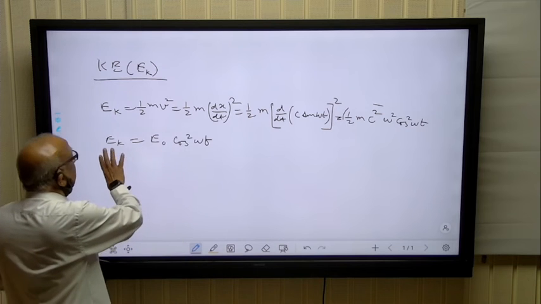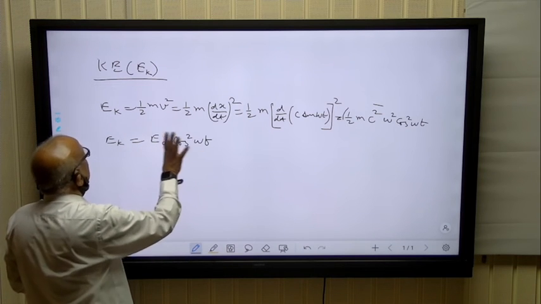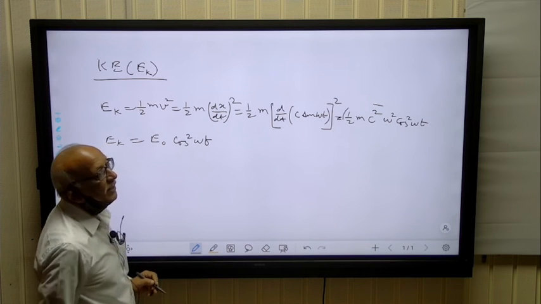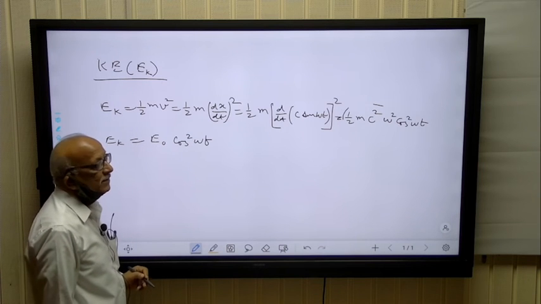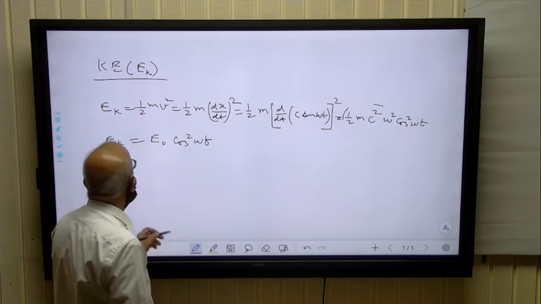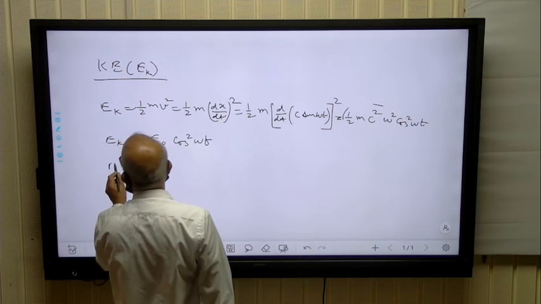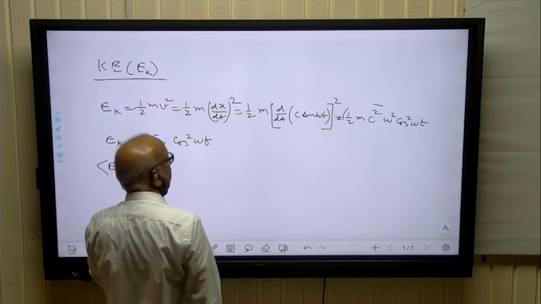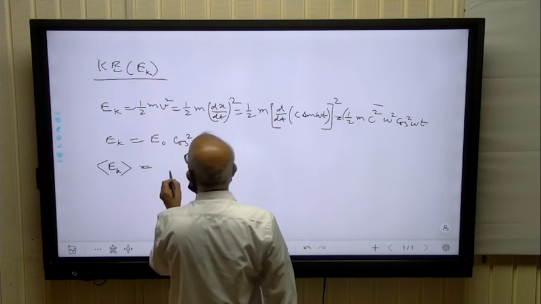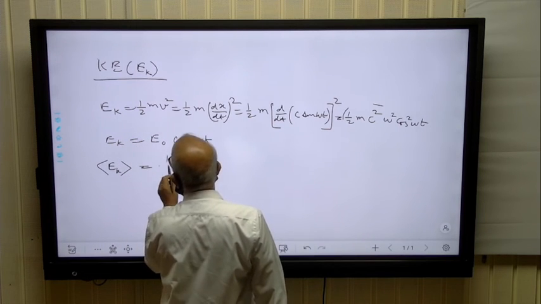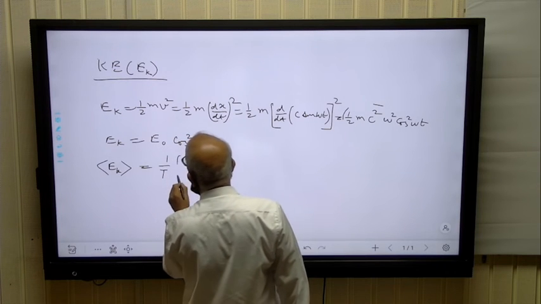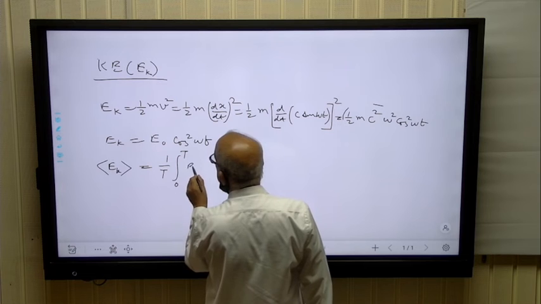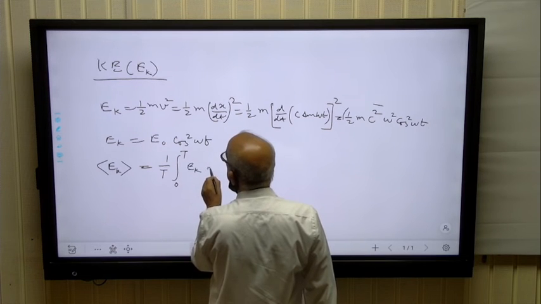Now, this instantaneous value is changing with time, therefore we always take the average value. So, the average value of E k is equal to, by the definition of average, 1 by T integral from 0 to T of E k dt.